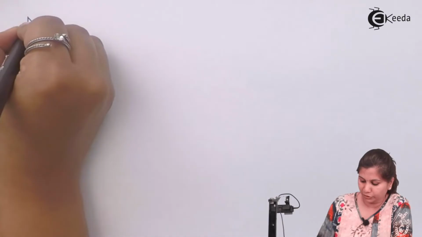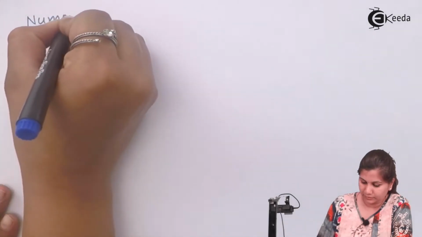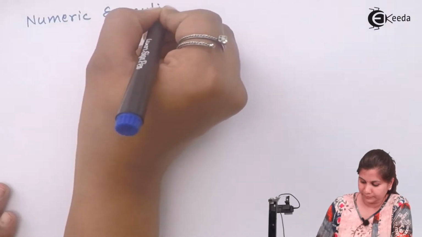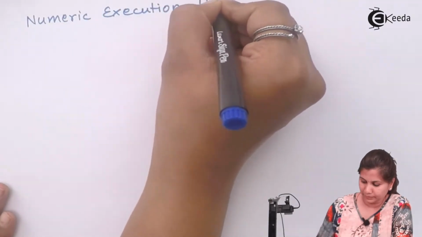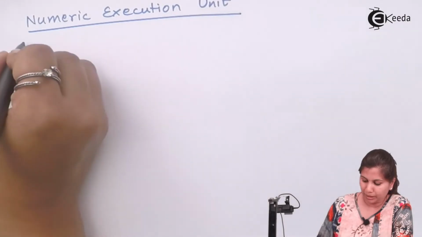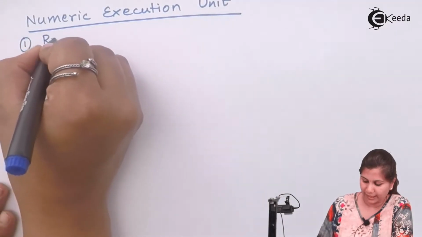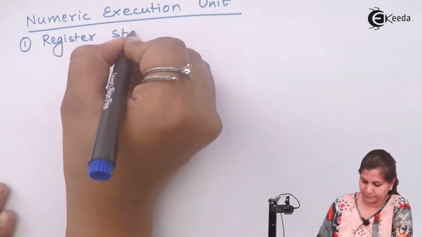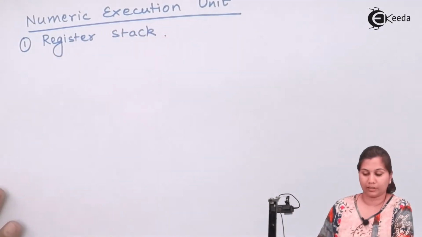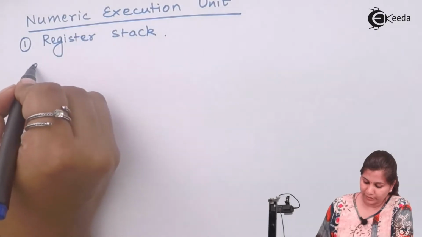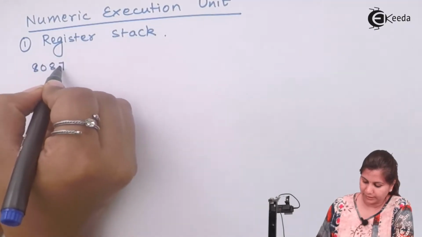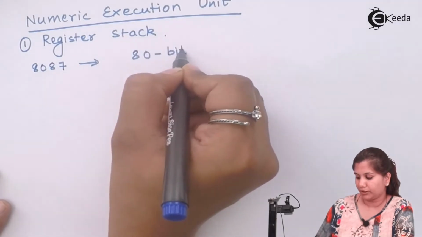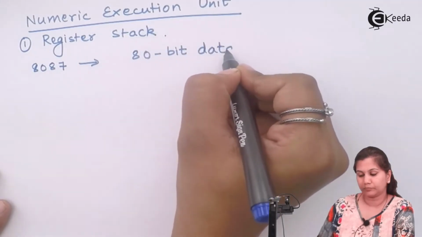So if we see the numeric execution unit, its main part is the register stack. Now this 8087 coprocessor internally works with 80 bits of data.